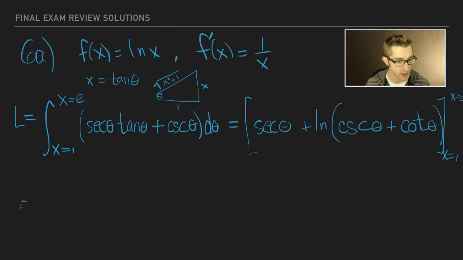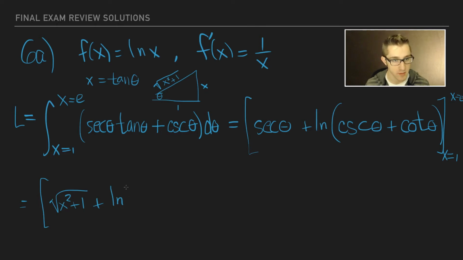Now I can write secant theta, which is 1 over cosine. Cosine is adjacent over hypotenuse, so secant will be hypotenuse over adjacent, so square root of x squared plus 1. And then I have the natural log of, this should have actually been an absolute value sign.